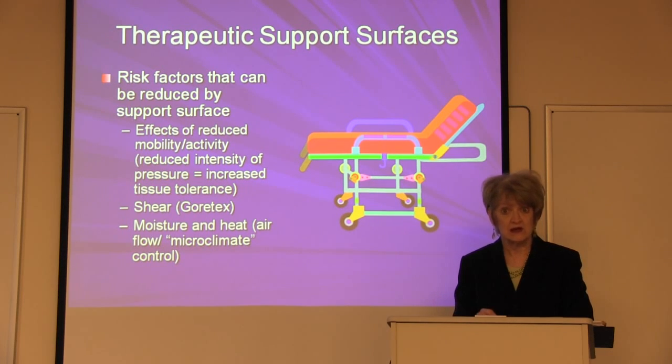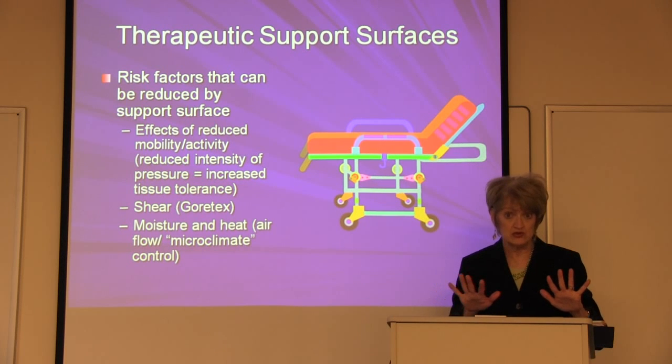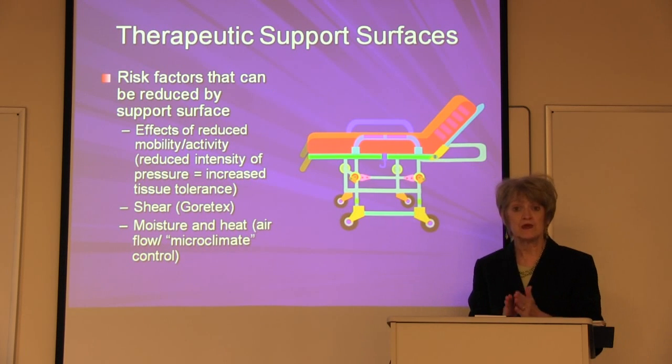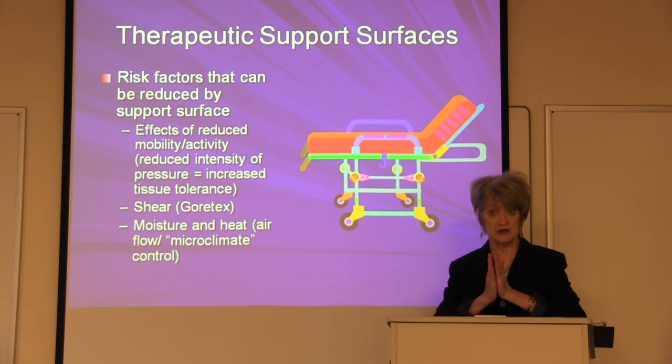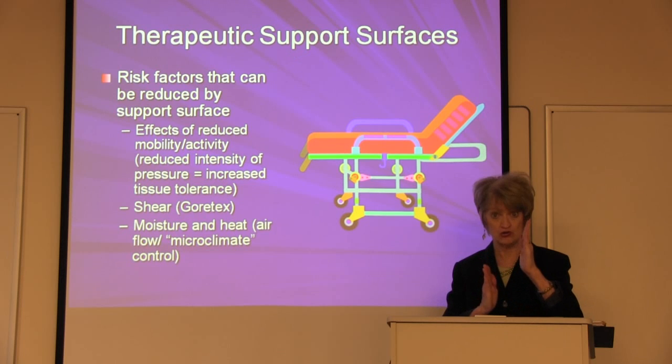The second one is shear and friction. When we talked about the pathology of pressure ulcer development, we said that friction can cause superficial damage just with the patient scrubbing around in bed. We also said that that friction contributes to shear force because frictional forces tend to hold you in place while gravity tends to pull you down.